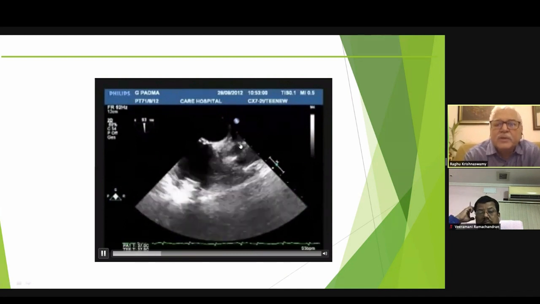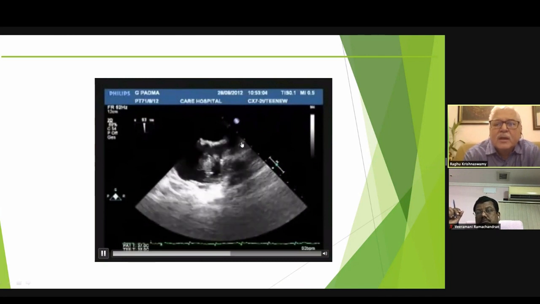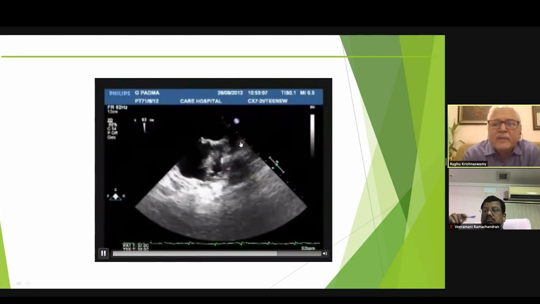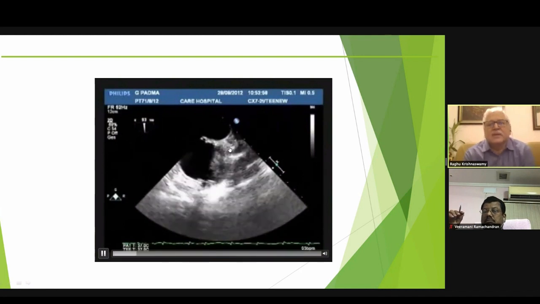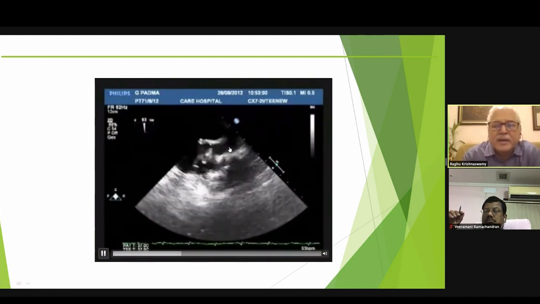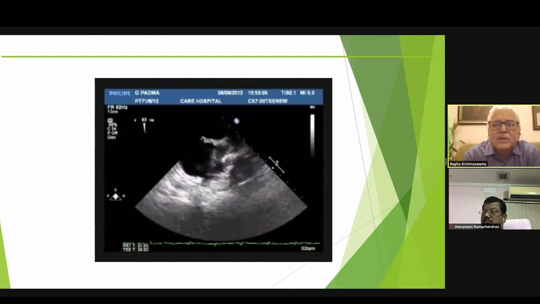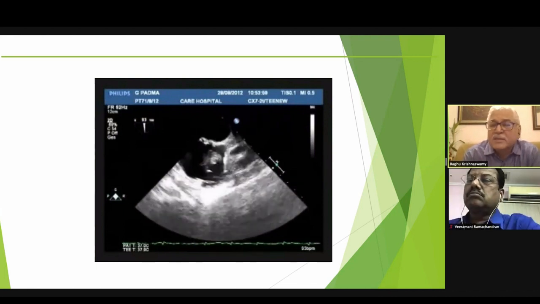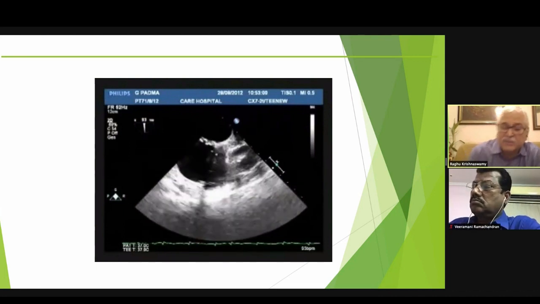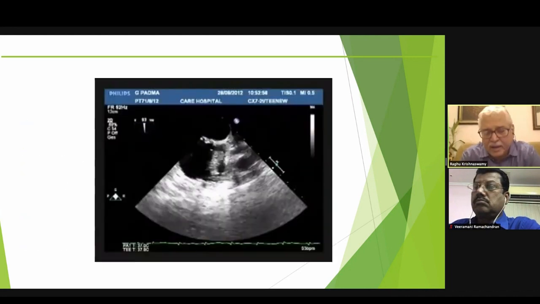And here, if you notice, there is a structure which, though you don't see the clear tram line, suggests that the perm cath is the place from which the mass is coming into the right atrium. This we have seen quite frequently in quite a few patients where the perm cath is often responsible for masses, sometimes infected masses too. So this lady immediately had to have the catheter pulled out.